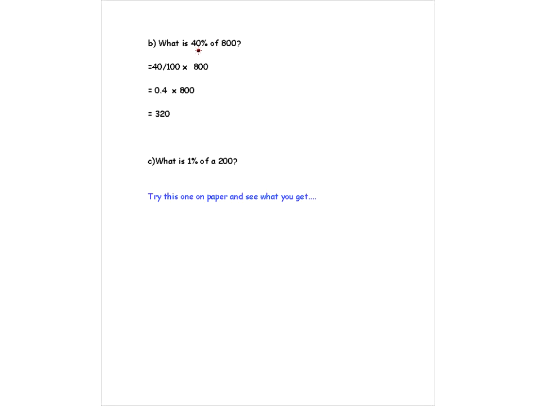And again, check your answer. 40% kind of sounds close to 50%, right? We know 50% is a half. A half of 800 would be 400. It's a little bit less than a half. Makes sense, the answer, doesn't it? Good stuff. Okay, try the last one. 1% of 200.